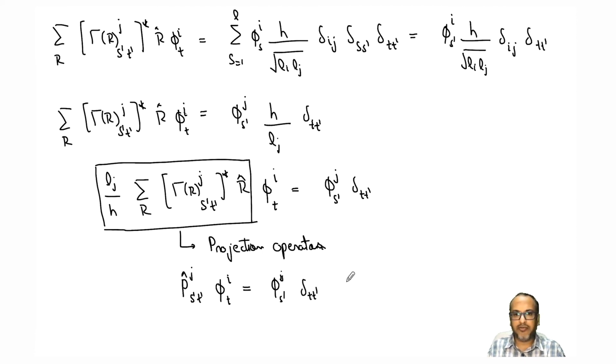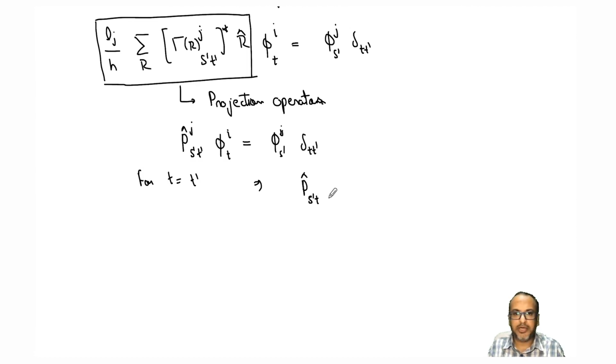Again, if I need to equate this to tt prime, t equal to t prime, so that the right hand side does not go to 0. So for t equal to t prime, I can now write the projection operator as s prime t prime j, phi t prime i is equal to phi s prime j, right?